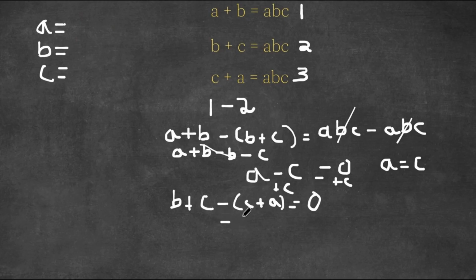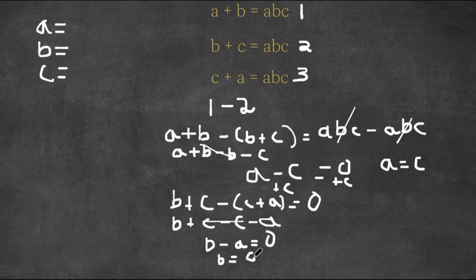Now if we distribute this, we get negative c minus a, and we have positive c over here, and we have our b. Well, these two cancel out, so now we get b minus a equals 0. And if we add a on both sides, we get b equals a. So we know that b equals a and a equals c.